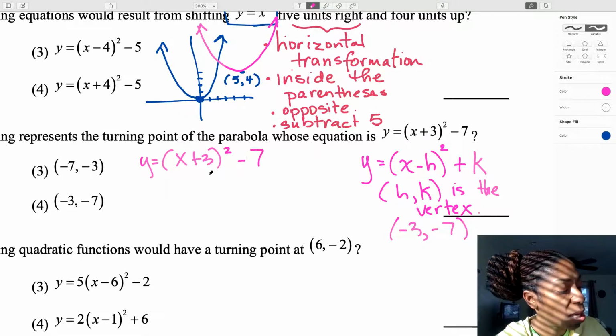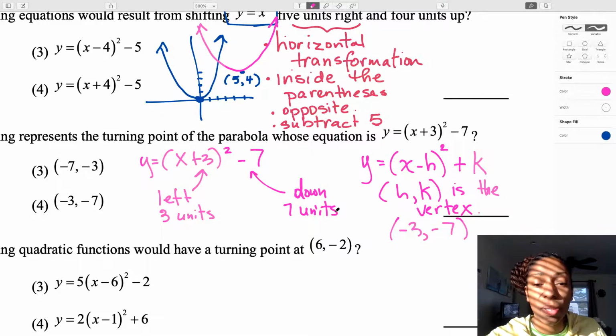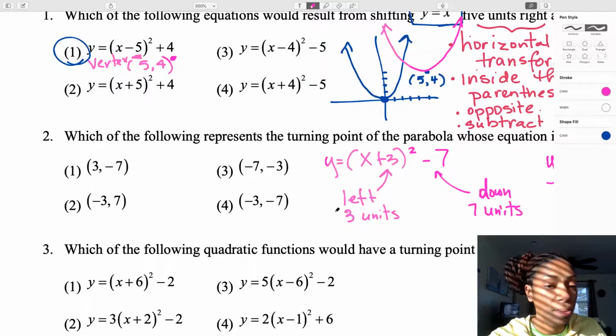Let's just jot that down. Left 3 units. Up, sorry, not up, down 7 units. So our answer is choice 4.